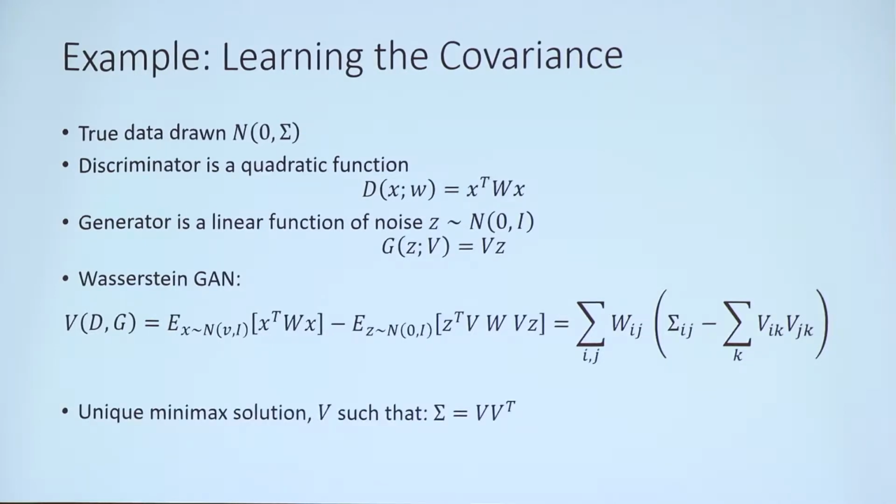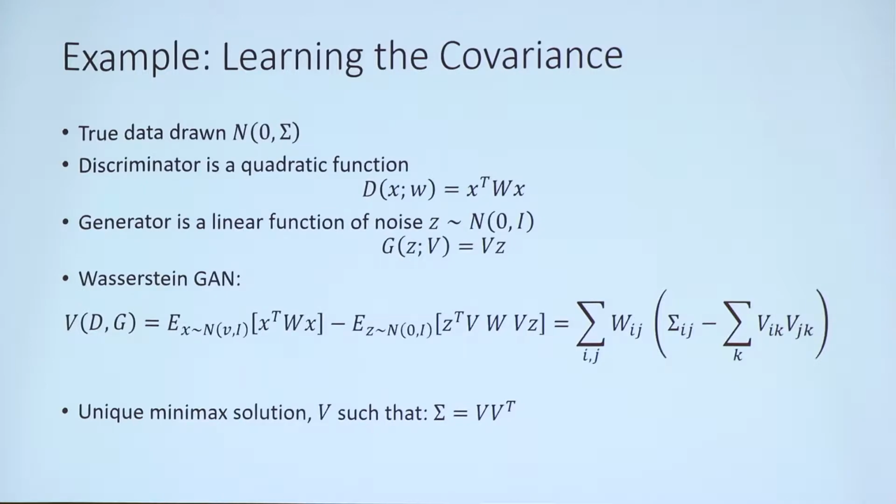So at the unique equilibrium of this zero-sum game, the generator learned a translation whose implied covariance matrix matches the true data. Okay, so these are just two simple examples to show that you can learn distributions. Of course, this is assuming that you found an equilibrium of this zero-sum game.